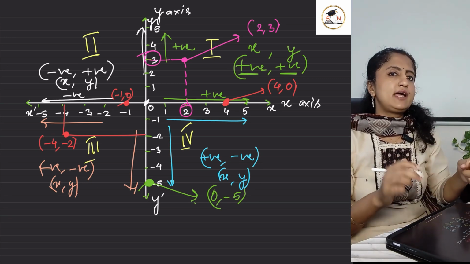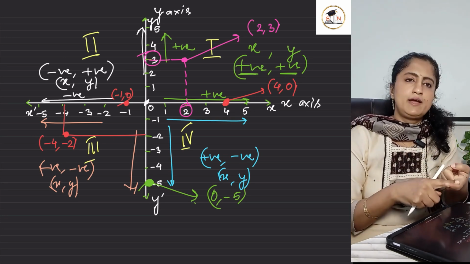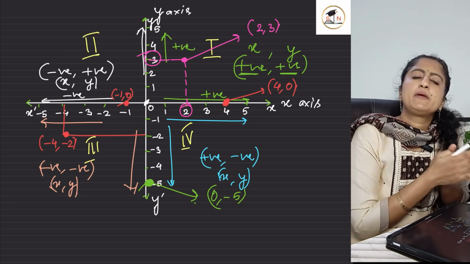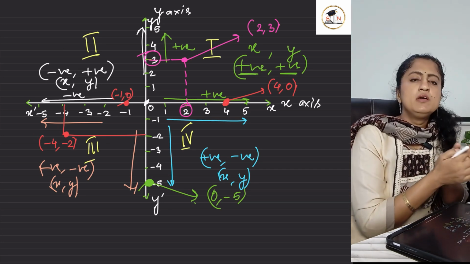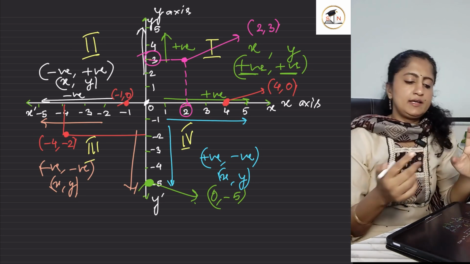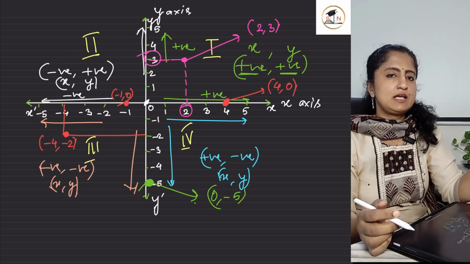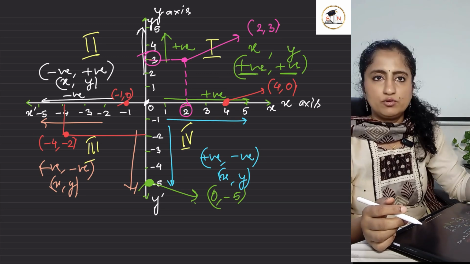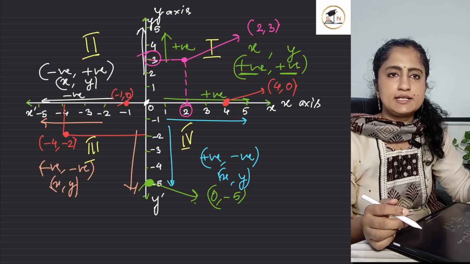And when a point is lying either on the x-axis or on the y-axis, they do not belong to any quadrant, but to the respective axis. Okay. You will see plenty of such questions causing confusion amongst children about which quadrant they exist in. For example, if there is a point which is say 7, 0, which quadrant does it exist in?